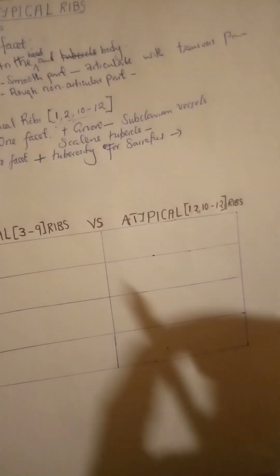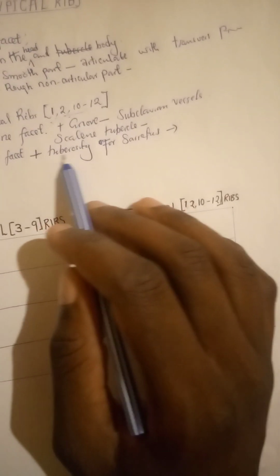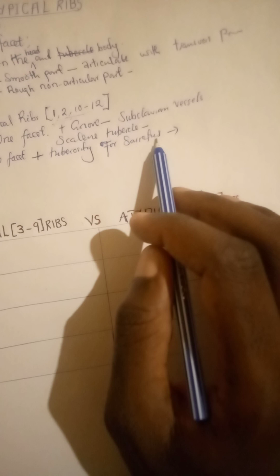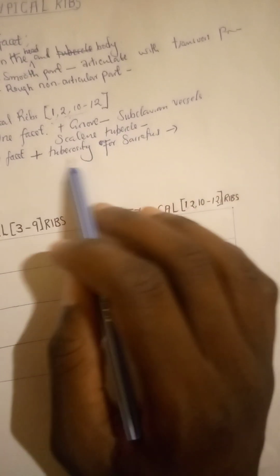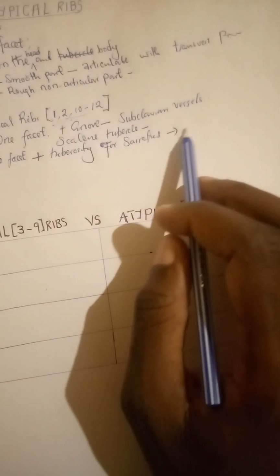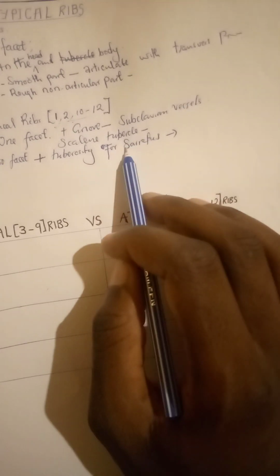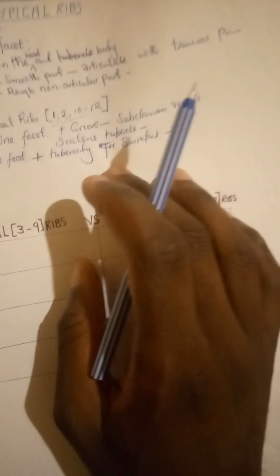And this one has a tuberosity for serratus, which provides the origin of the serratus muscle. So take note of this.